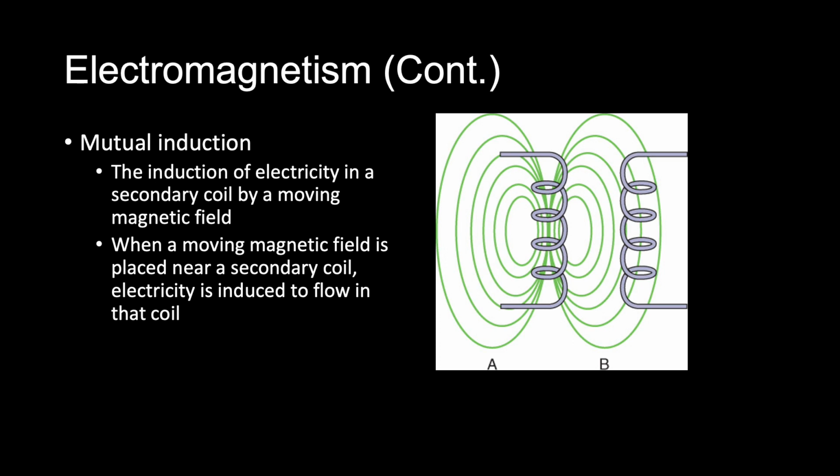The coil on the left is connected to an AC source. A magnetic field is associated with the flow of electricity, and AC switches the direction of flow in the cycle. Each time AC switches direction, the associated magnetic field also changes.